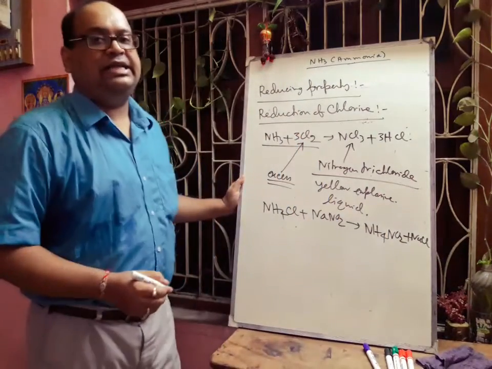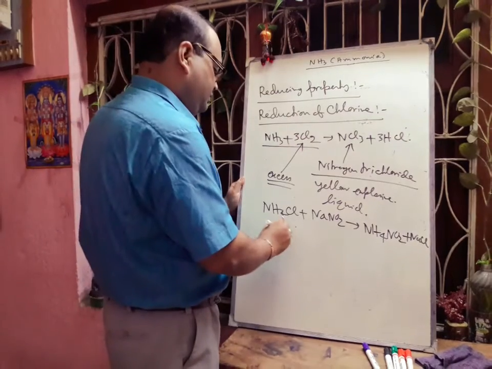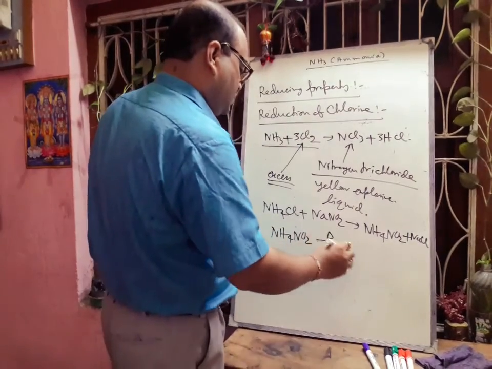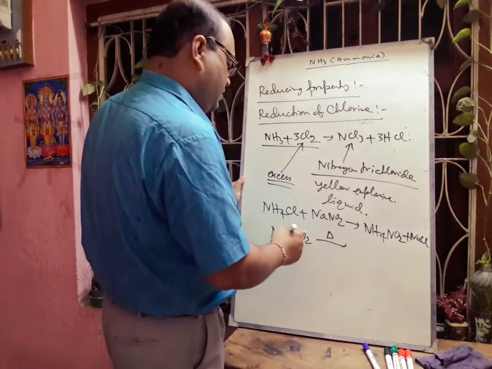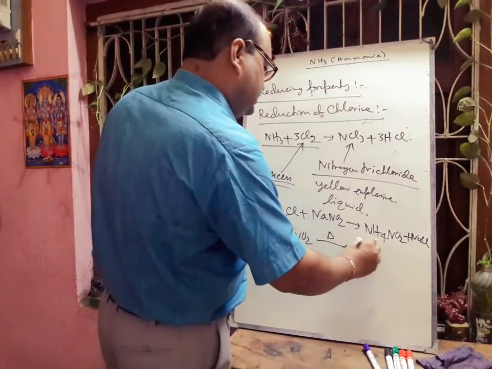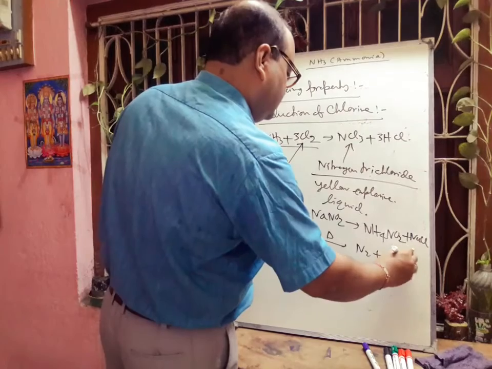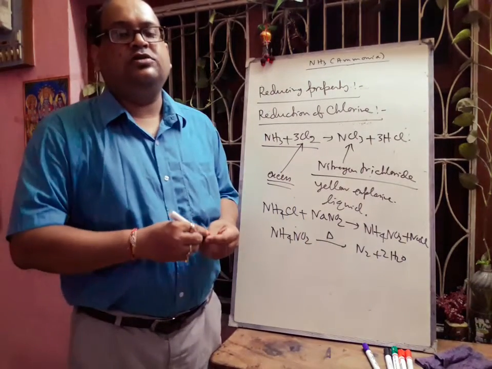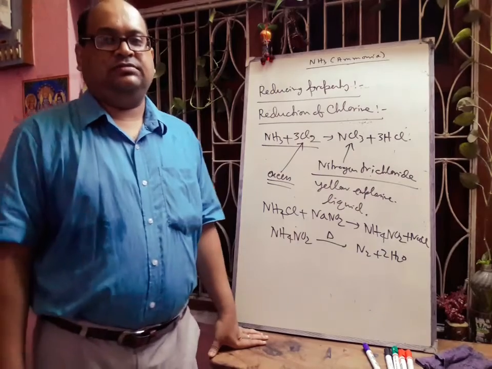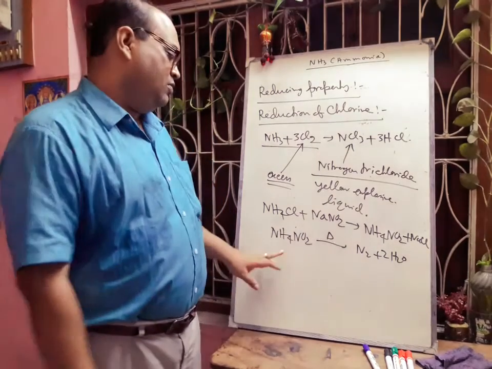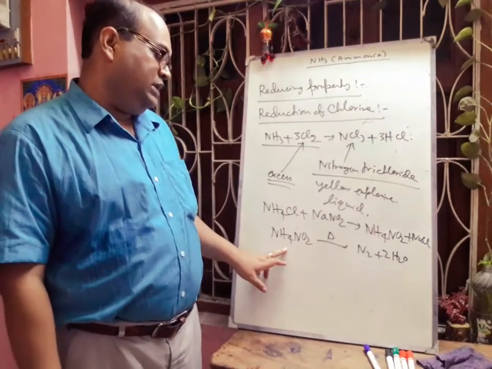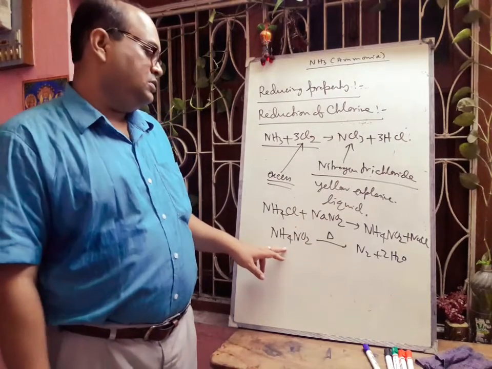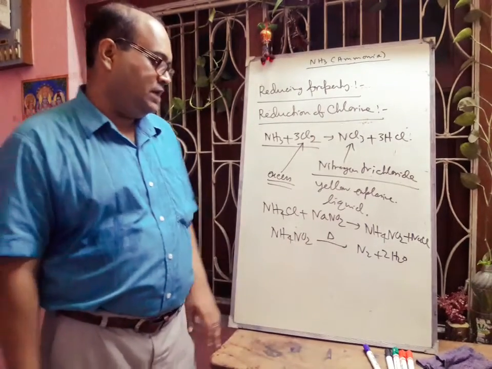This ammonium nitrite on decomposition forms nitrogen gas plus water. So in this way also we can prepare nitrogen gas. Okay, so water, NH4NO2, it's correct. So the balance is okay.